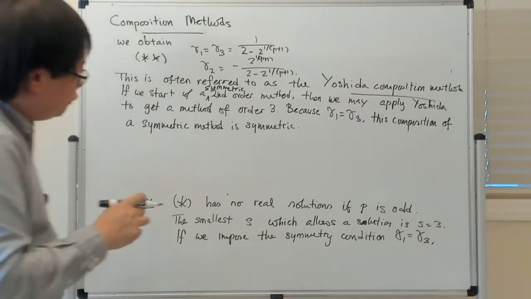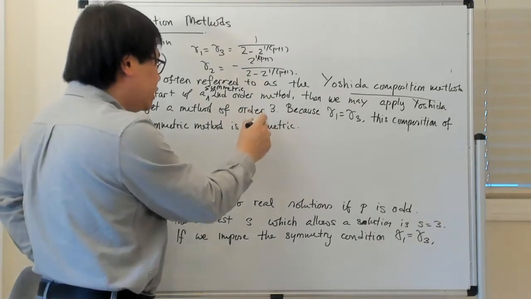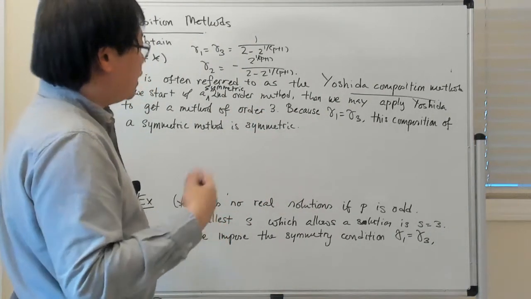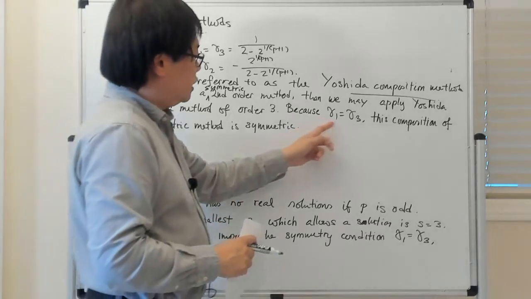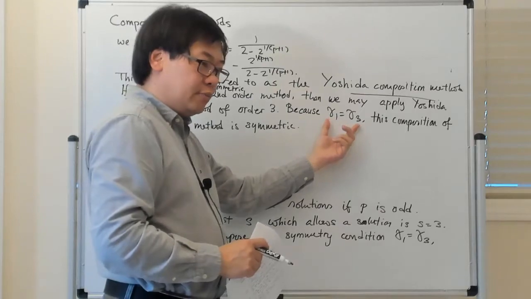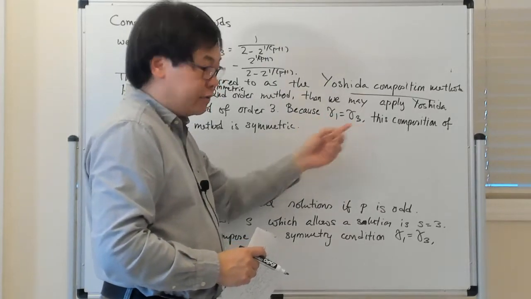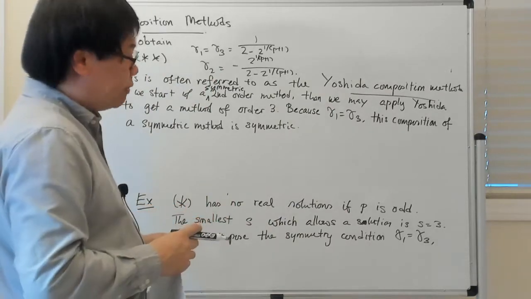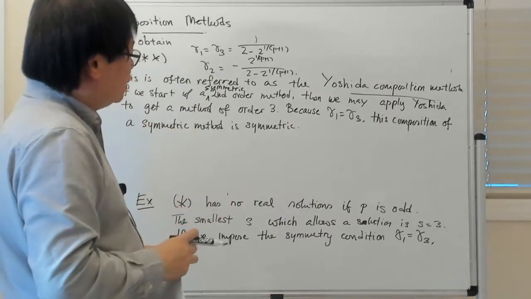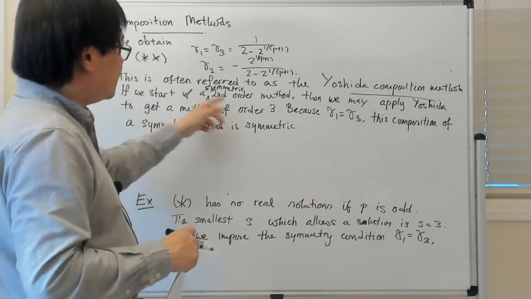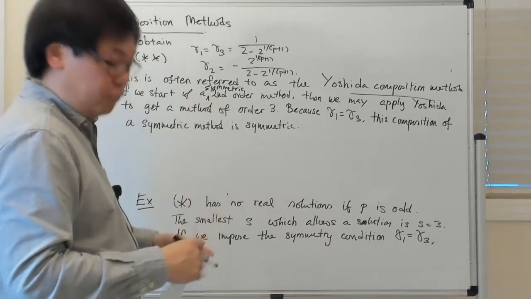We've proved that the order of accuracy is at least 3 from the composition theorem, but because this composition of symmetric methods has the palindromic property, it is again a symmetric method, so it has to be at least even order. That actually means that this Yoshida composition of a symmetric second order method is actually order 4.